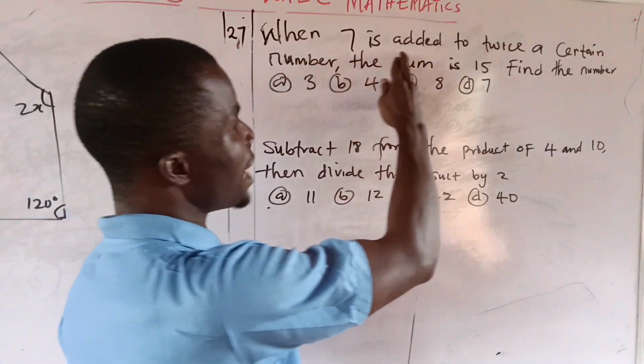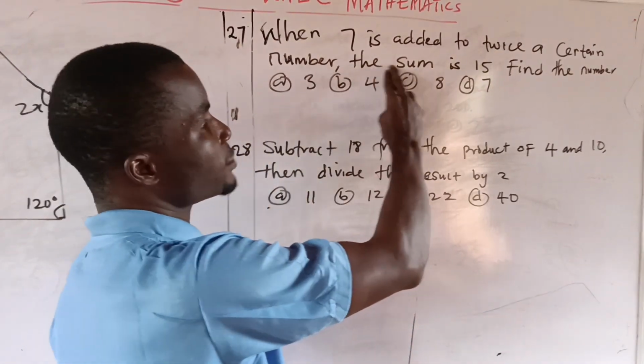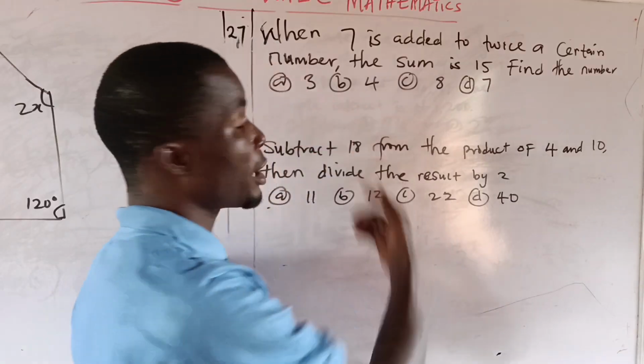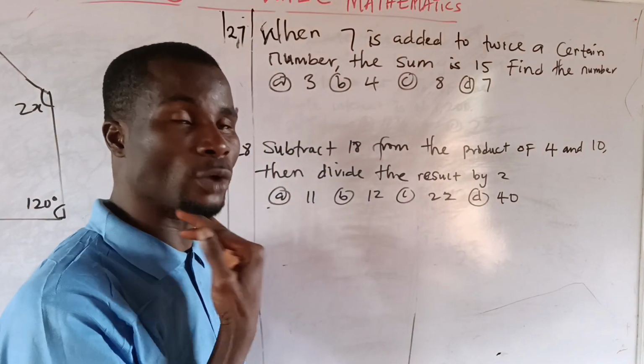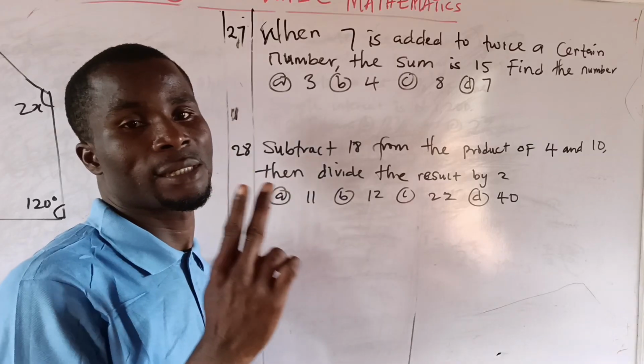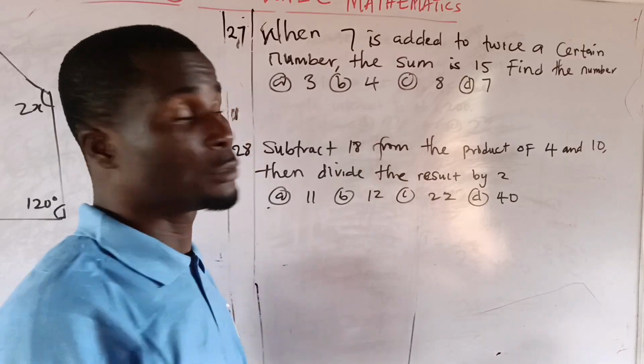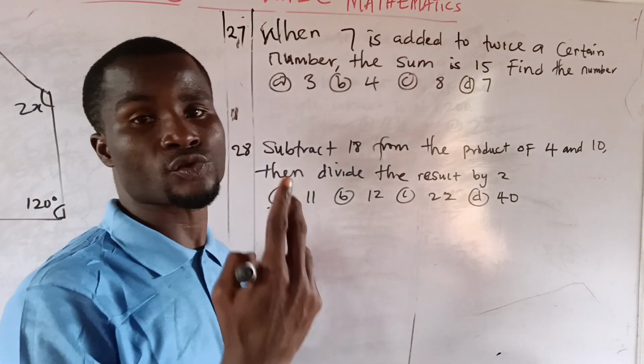When 7 is added to twice a certain number, the sum is 15. Find the number. So what do we do here? They say when we add 7 to twice a particular number, the sum will be 15. We don't know the number, but they say it's twice.